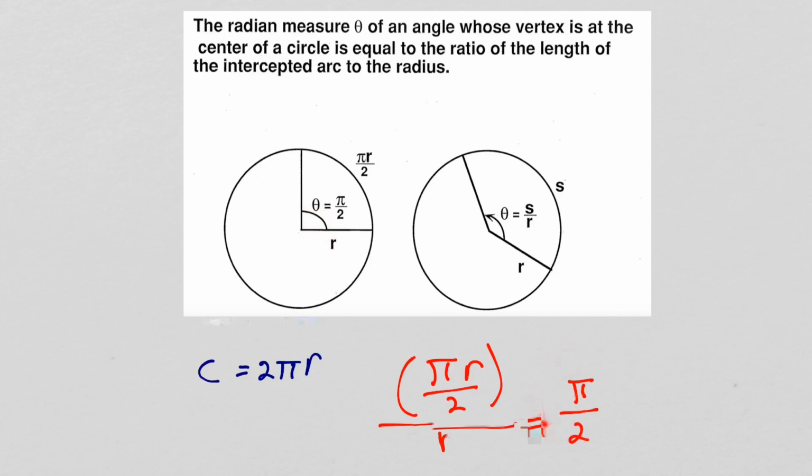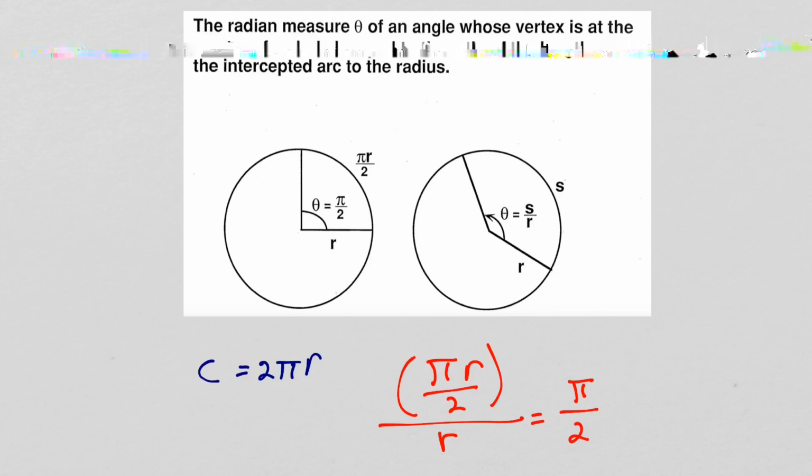So this way of defining an angle is referred to as measuring the angle in radians. We will often encounter situations where we know the radius and we know the angle, and we want to find the corresponding arc length. From this relationship, we see that the arc length will be the product of our radius and our angle in radians.